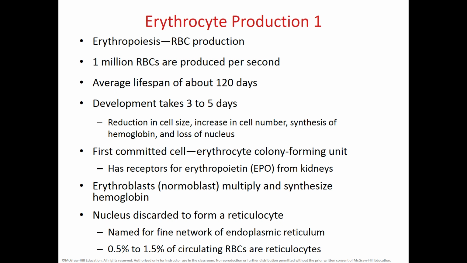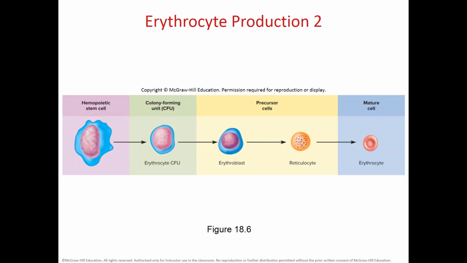This reticulocyte is going to have a network of organelles, the endoplasmic reticulum, that ultimately is going to be lost to form a mature red blood cell. Within the circulating red blood cells, 0.5 to 1.5% will be reticulocytes.